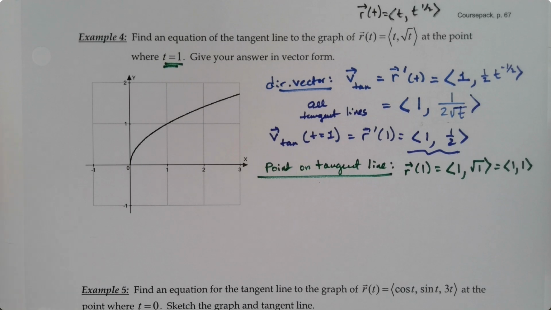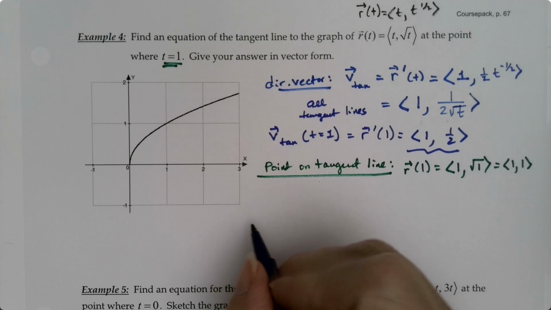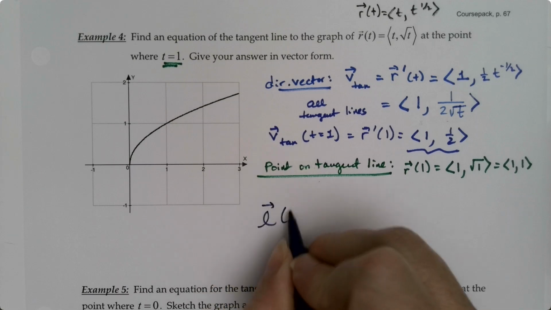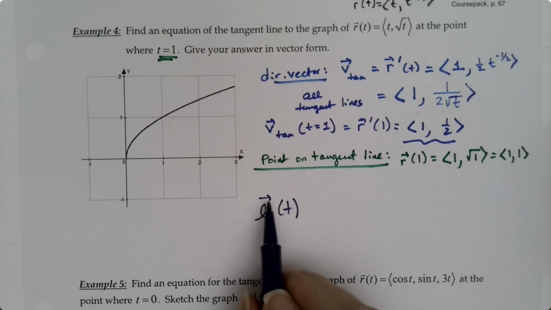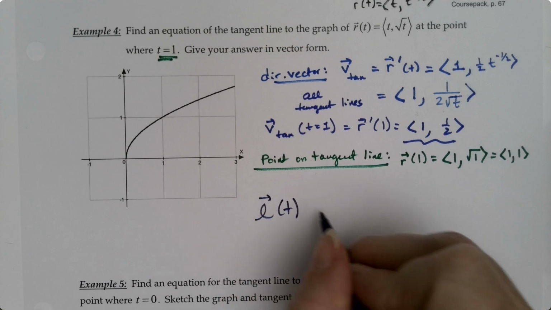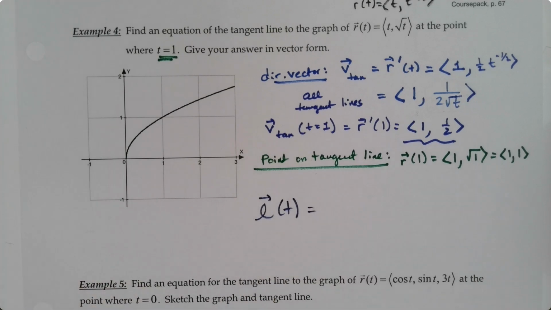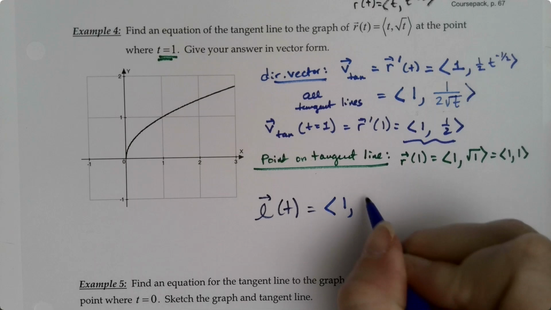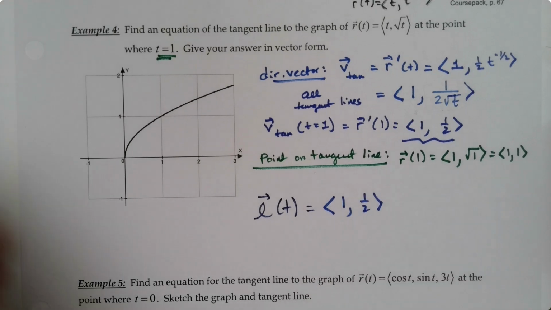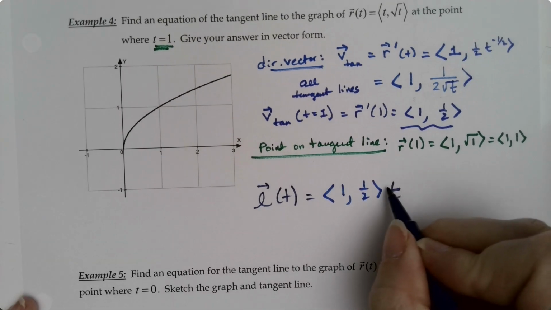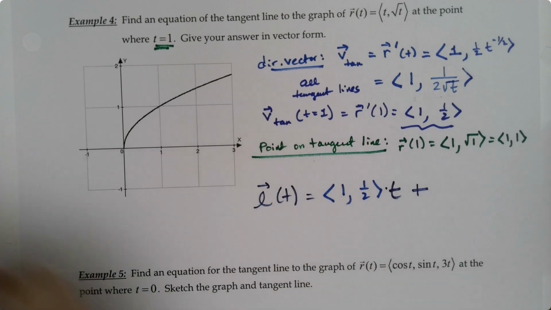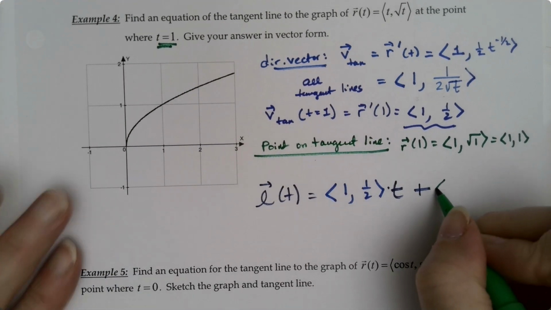All right, so putting it all together, my tangent line, which is a vector, I'll call it L of t with a vector symbol over it, is equal to my direction vector, which was 1 comma 1/2, times t, plus my point vector, which is 1, 1.